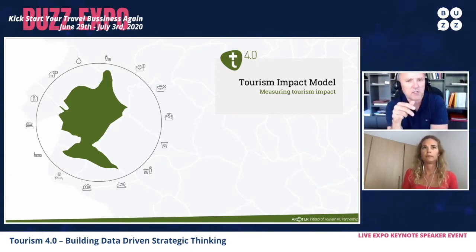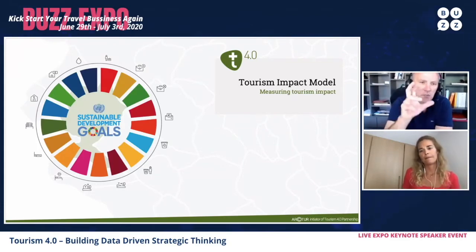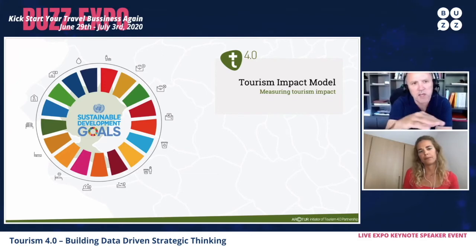But let's discuss this small region of about 20,000 people, and we would like to map this location and see the positive and negative impact of tourism, also combining it with the view of the sustainable development goals.